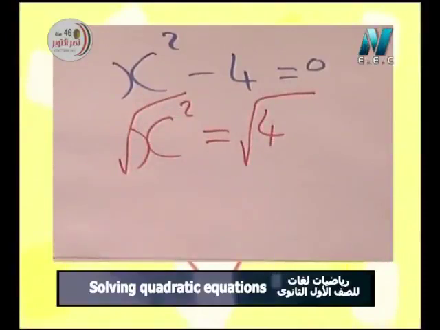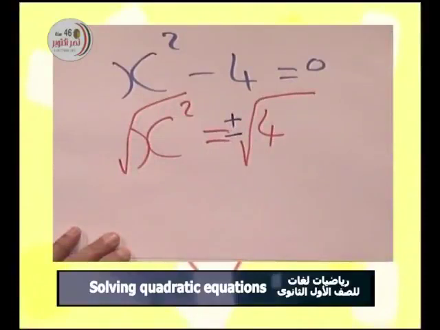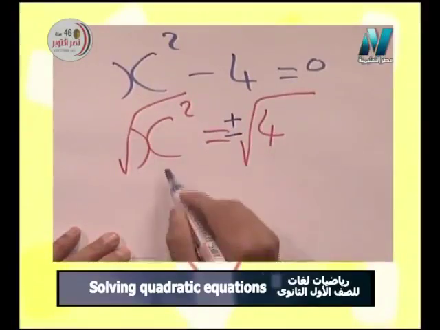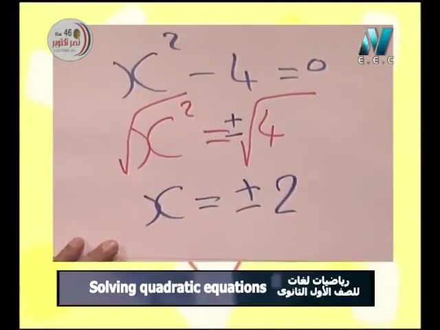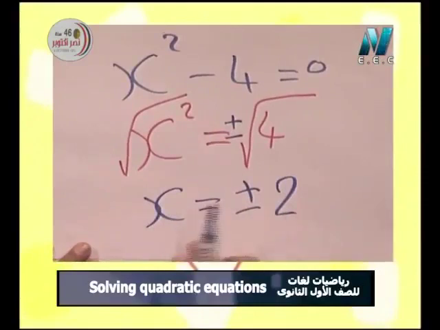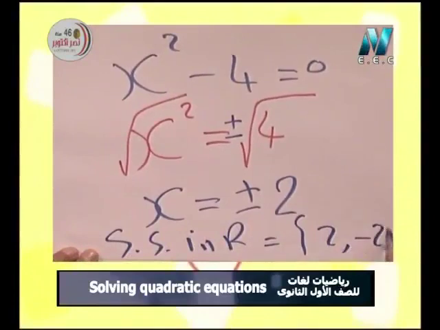Excellent, boys and girls. Someone told me that it is positive or negative, mister. Yes, you are excellent. X equals positive or negative 2. When we find the solution set in R, it will be 2 and negative 2, because 2 and negative 2 are real numbers.